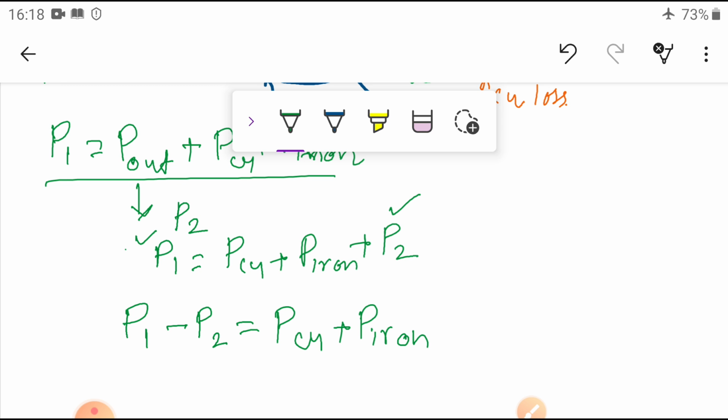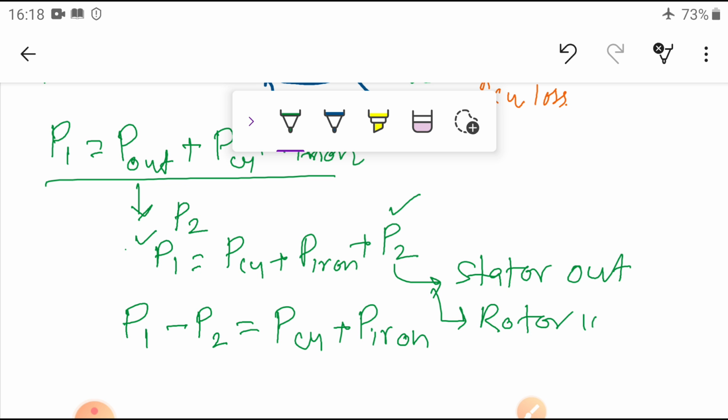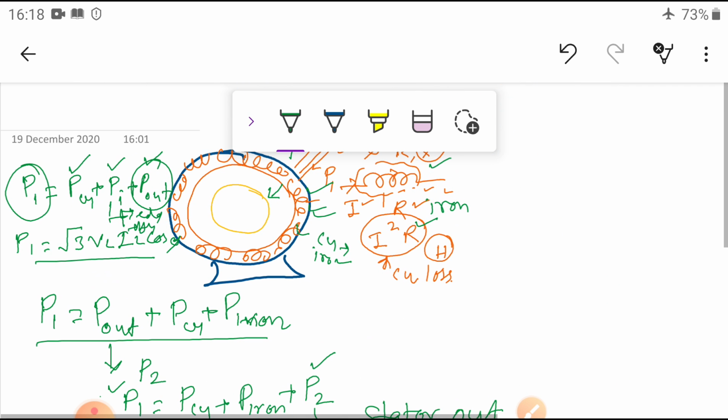Now what will happen after that? This stator output is the rotor input also. Whatever comes here as P2 is the rotor input, and this rotor input P2 comes to the rotor after some losses.